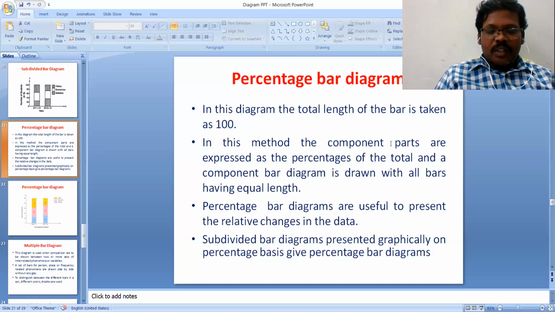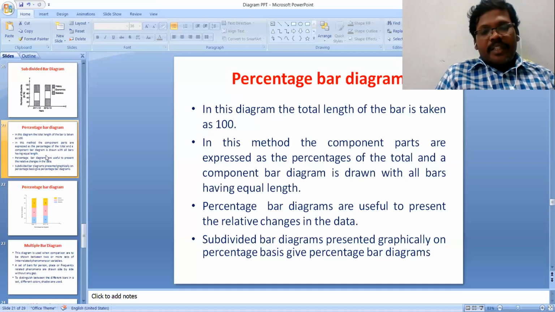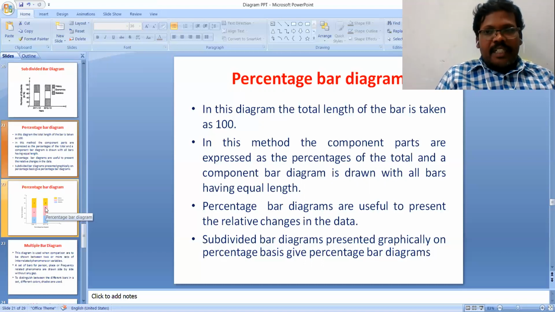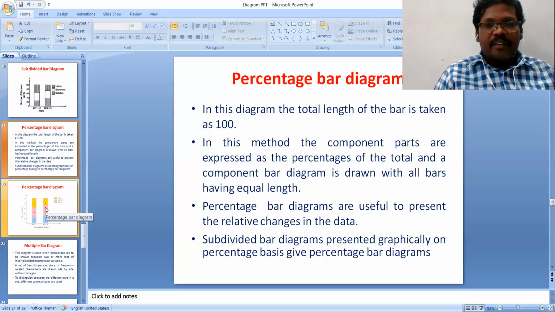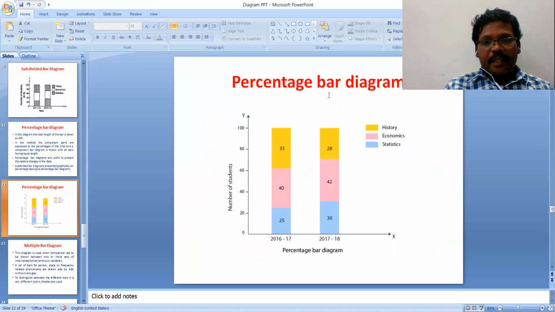As I already told you, it looks almost like a subdivided bar diagram. Subdivided bar diagrams explain the absolute values, but the percentage bar diagram explains in percentages. That is the little bit of difference between this one and that one.